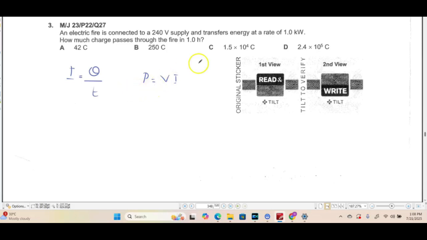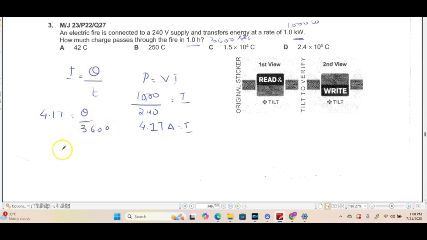Since it is a kilowatt, it will be 1000 watts, and 1 hour will be 3600 seconds. Power: 1000 over 240 is equal to I, which gives us 4.17 amperes as current, and now we can apply it here.